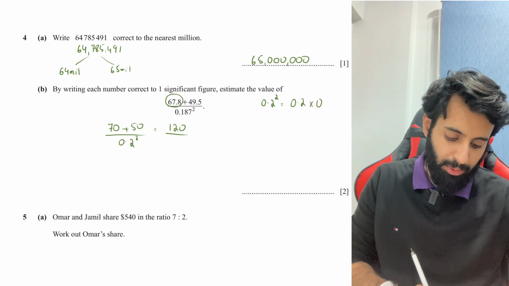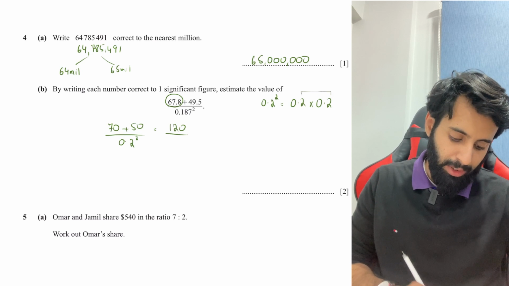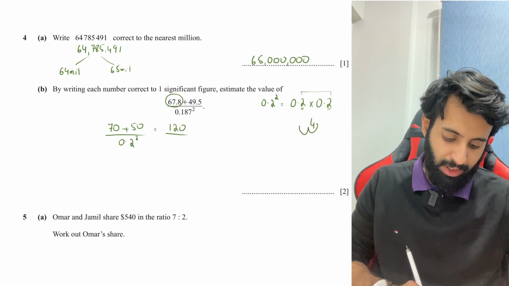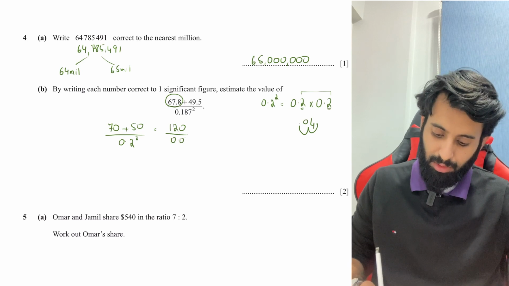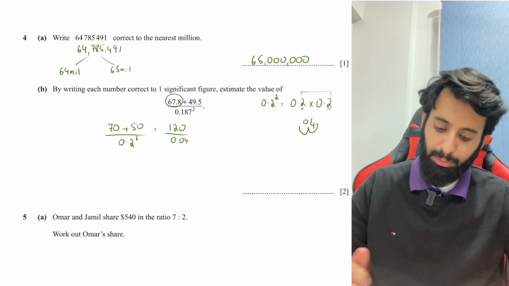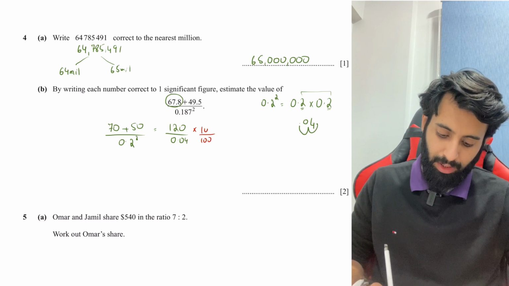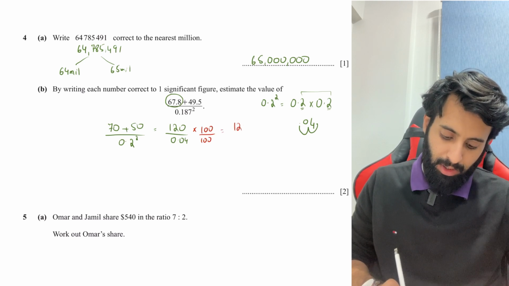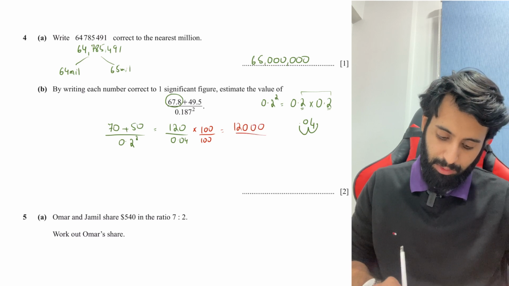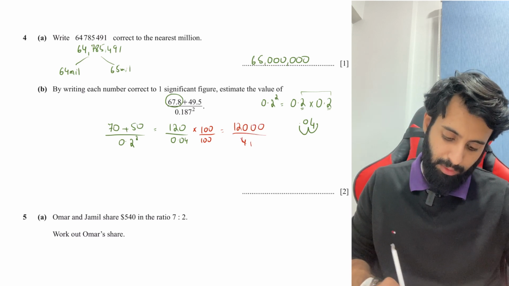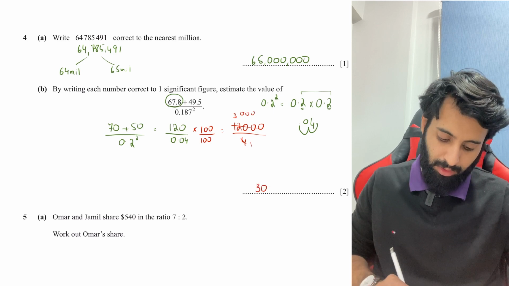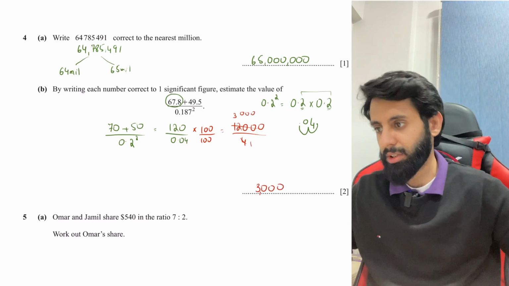Because you're doing 0.2 times 0.2, and 2 times 2 is 4, and you have a total of 2 decimal places. So that means you'd move the decimal 2 places backwards. So that's 0.04. And then, of course, at this point, don't forget to convert this into integers so that you can work out the actual value. So you have 12,000 over 4. So 4 ones are 4, 4 threes are 12, and then you have 3,000 as your final answer.